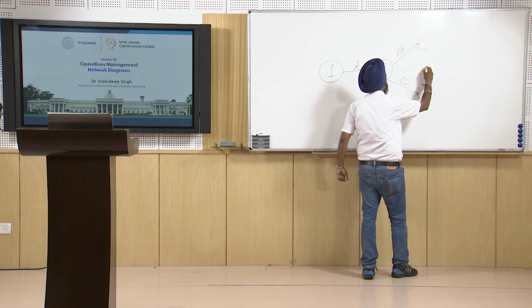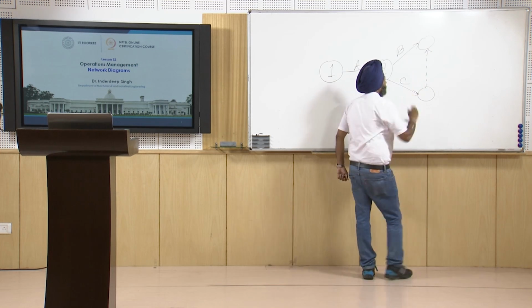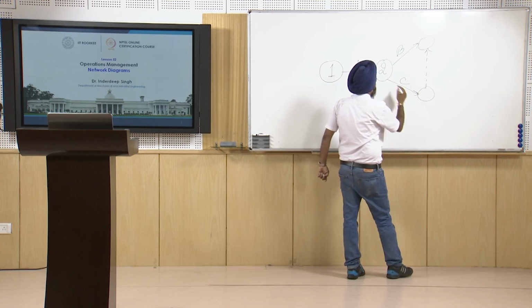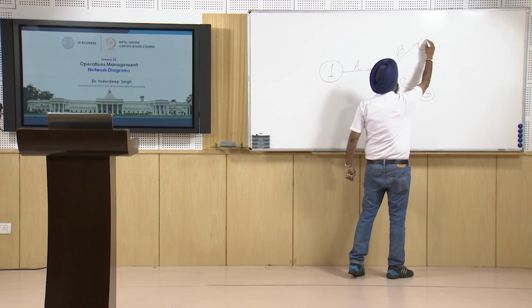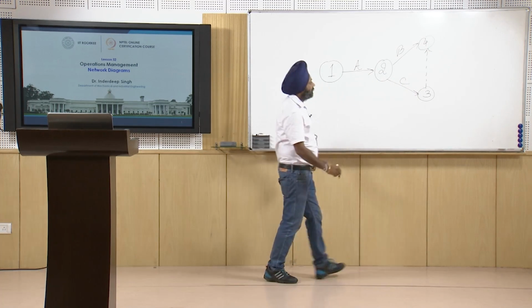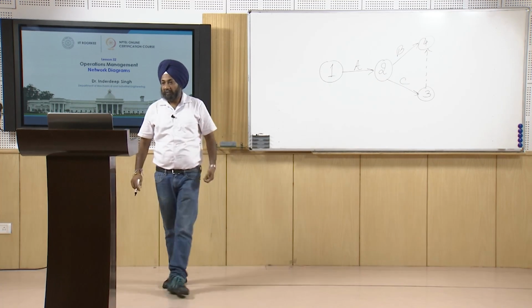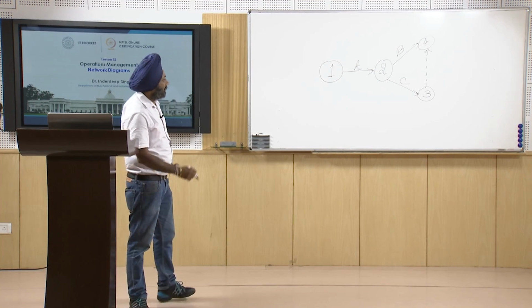This is my dummy activity here. I think this is the network that we have here: A, B, C and then a dummy activity there.